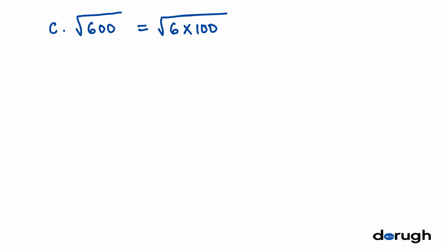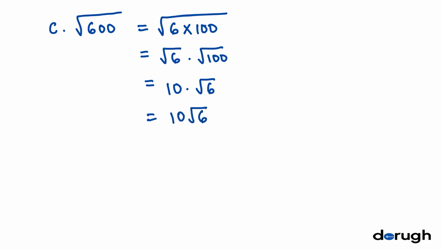And 100 is a square number. So we'll have square root of 6 multiplied by square root of 100. And since the square root of 100 is 10, we'll have 10 multiplied by the square root of 6, or root 6, and that will be 10 root 6.